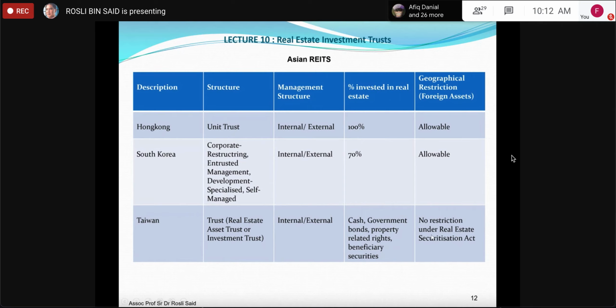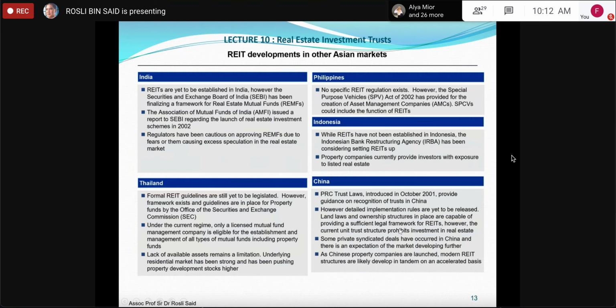So Taiwan, no restriction. And then other markets: India also started in 2002, the Philippines also in 2002, and Indonesia.